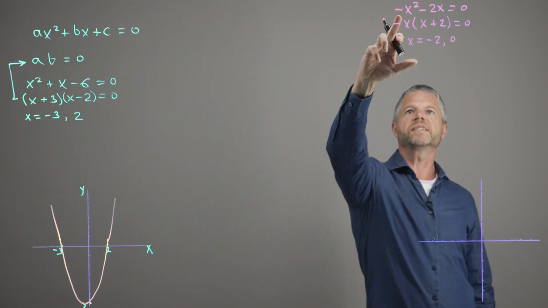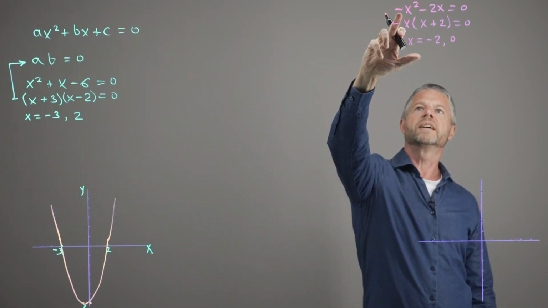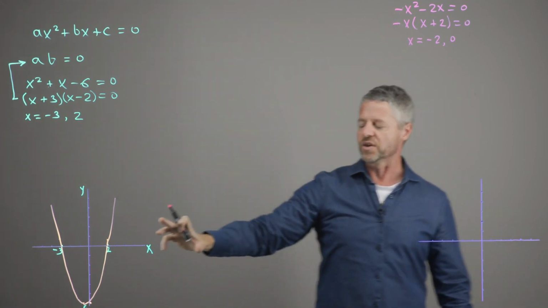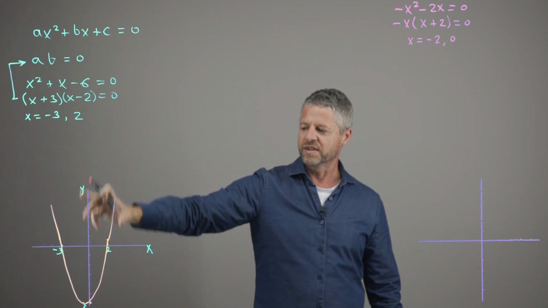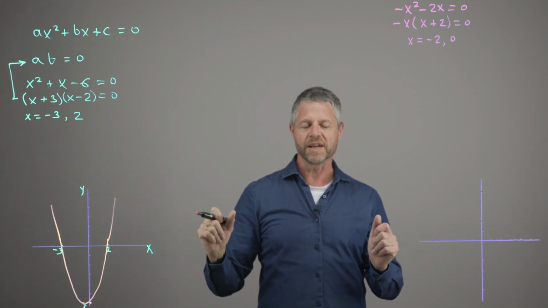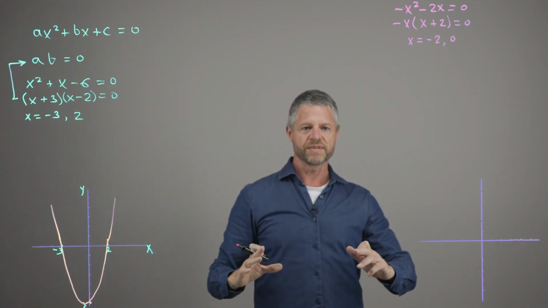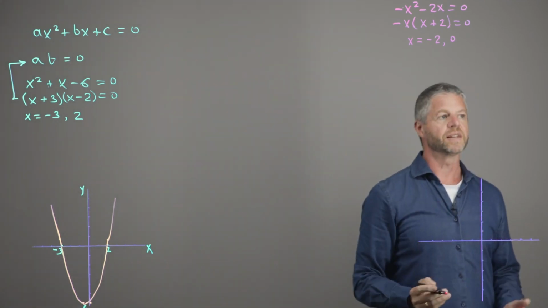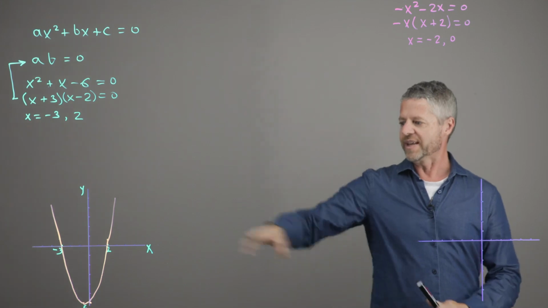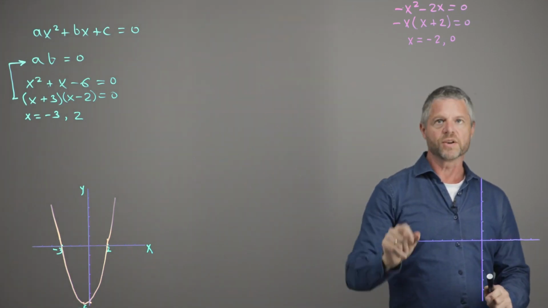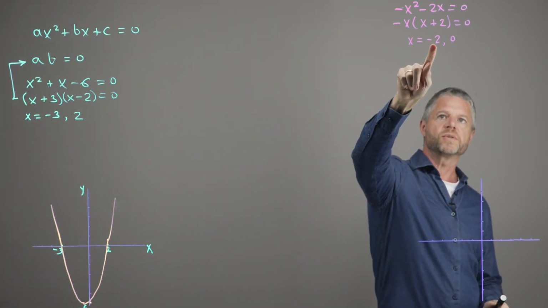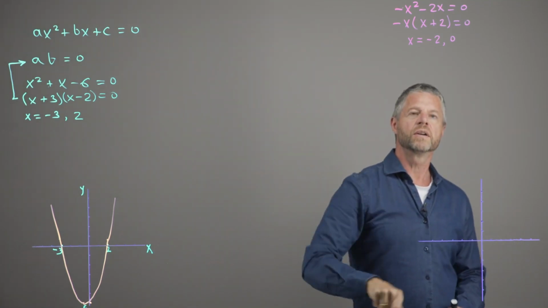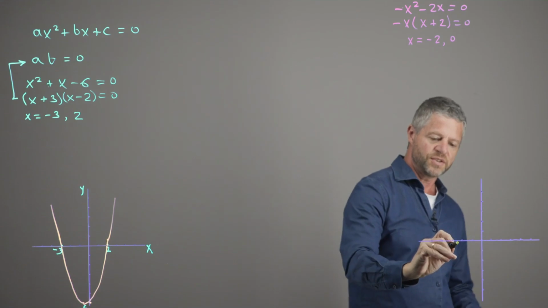In this case, the coefficient on the x squared term is negative. So rather than an upward opening parabola, this will be opening downwards. It's going to be more like a hill than a valley. It's going to pass through the points x equals 0 and x equals minus 2.